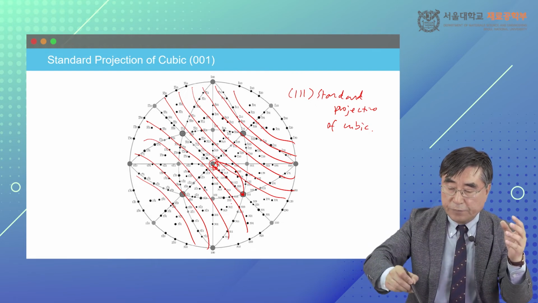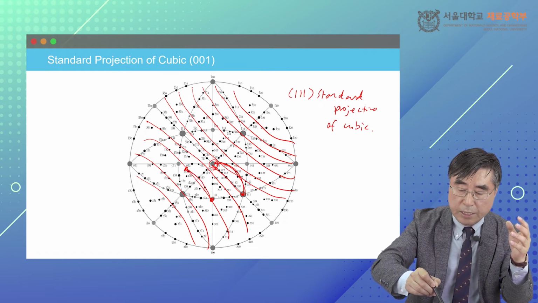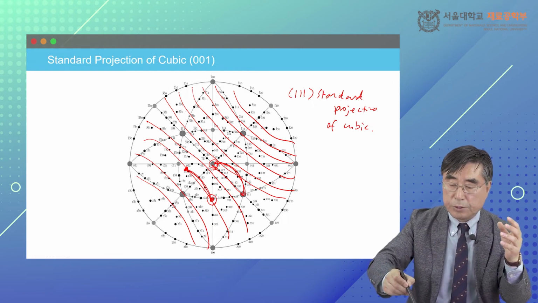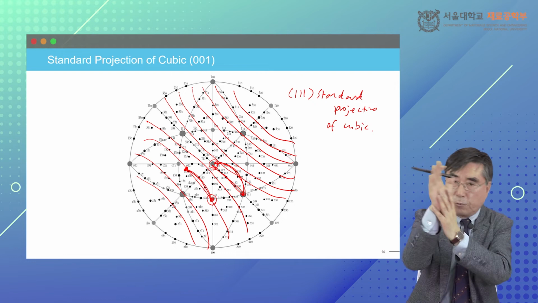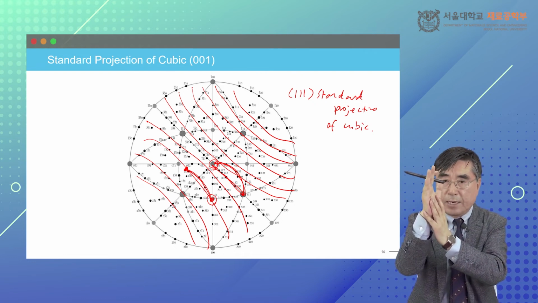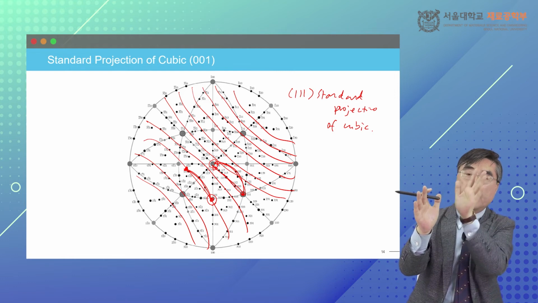Then for any information you are interested in, you should move the same angles along these small circles. Then this 101 pole should move to here, because now you rotate your 111 pole onto the vertical line. So any pole should rotate the same angle.